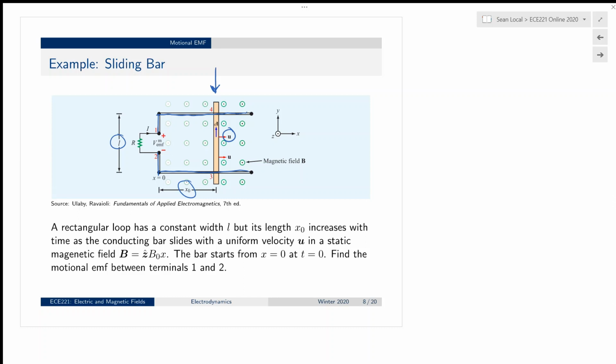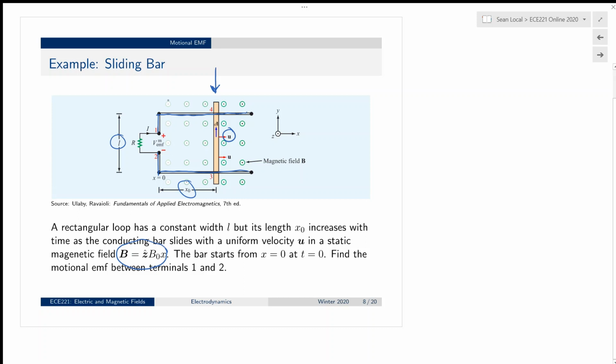And in this case, the magnetic field B is static, but it is non-uniform. We can see from this expression for B that it's in the z direction like in the previous slide, but the B field gets stronger the further you go to the right. As x increases, the B field gets stronger. And you can see this is indicated in the diagram.